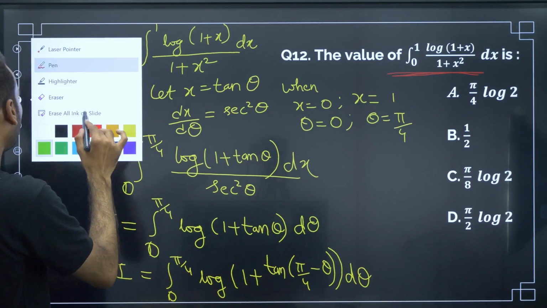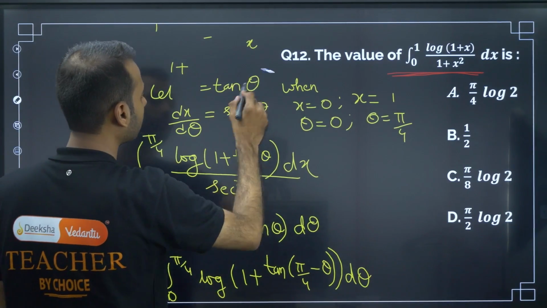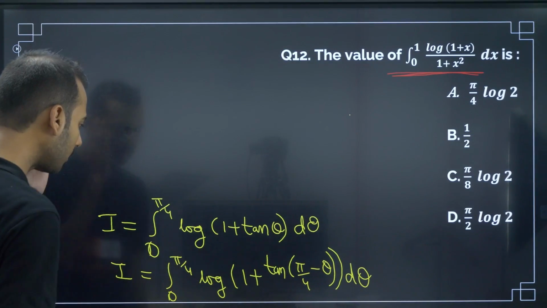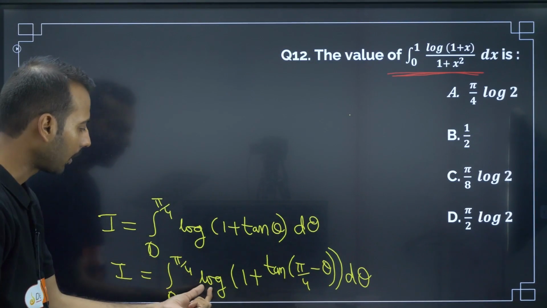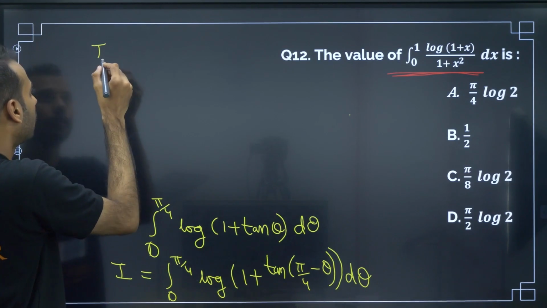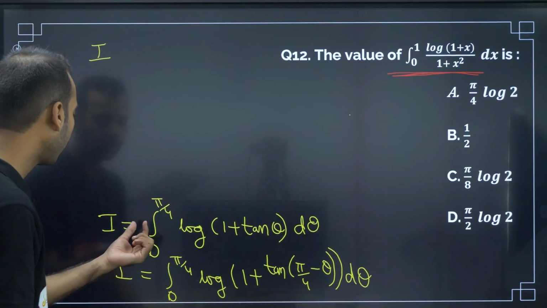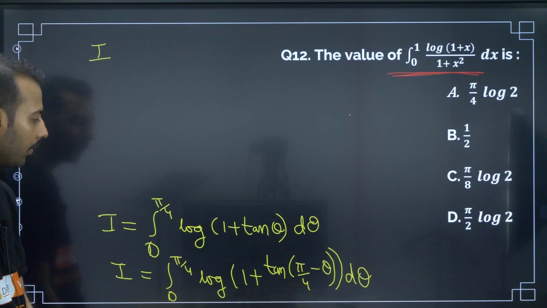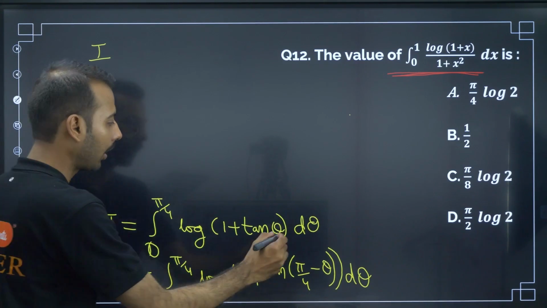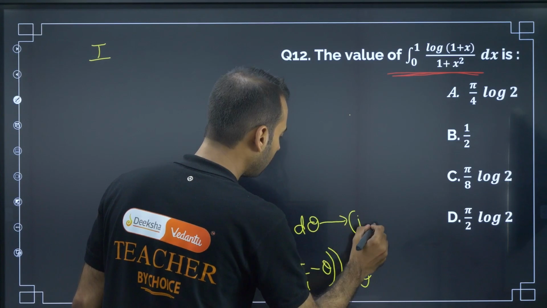Now let me erase these few things for simplification purpose. So I is equal to, if I add these two equations, before going to adding, let me mark this as 1.